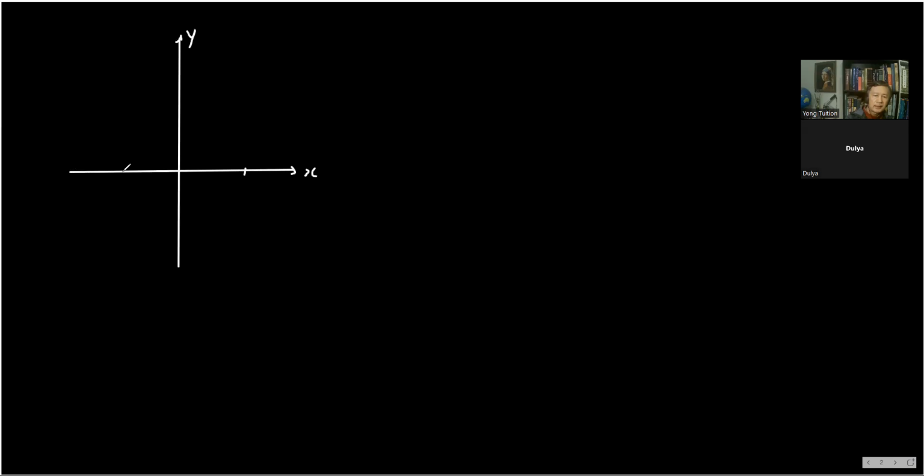On the x-axis, we have two charges: Q1, which is positive, and Q2, which is negative. And there's another charge on the y-axis. In this case, if this is a -2, I'm talking about the coordinate here.